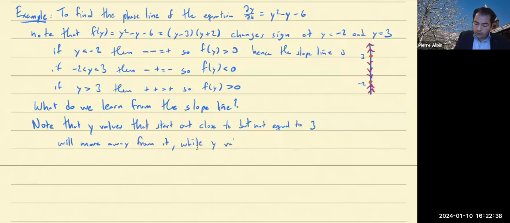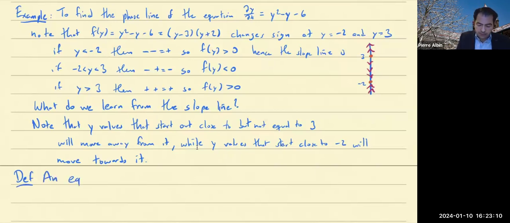While y values that start close to minus 2 will move towards it. Okay, so we give these types of equilibrium points names.